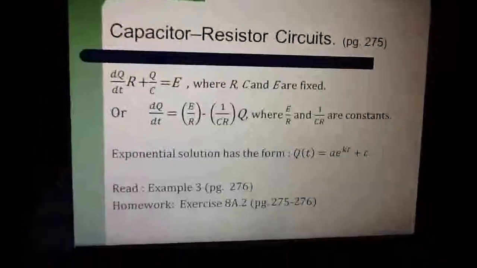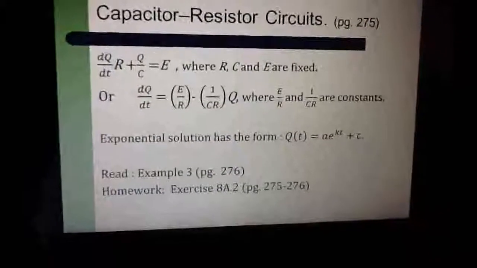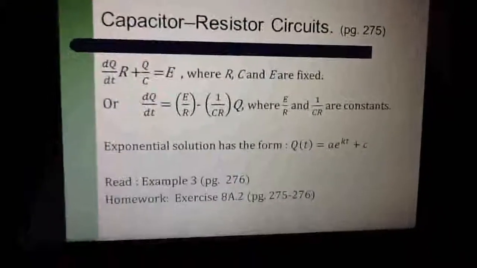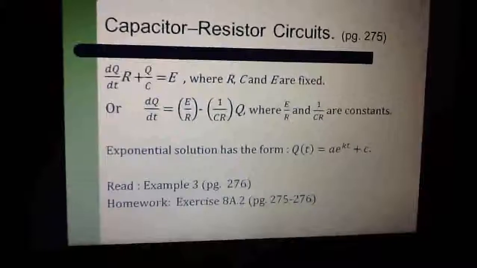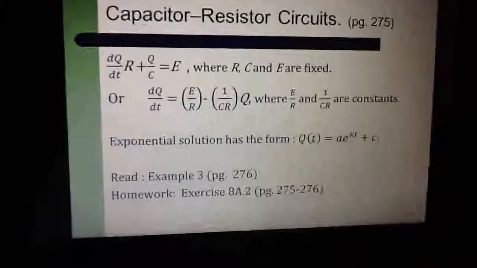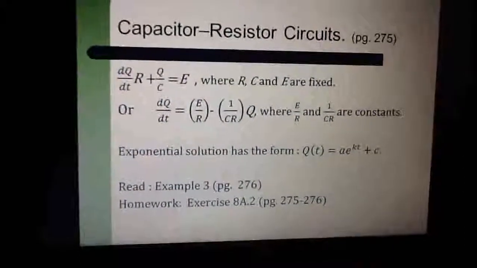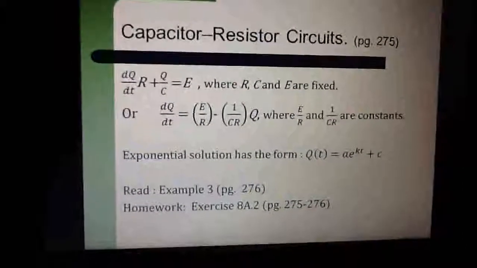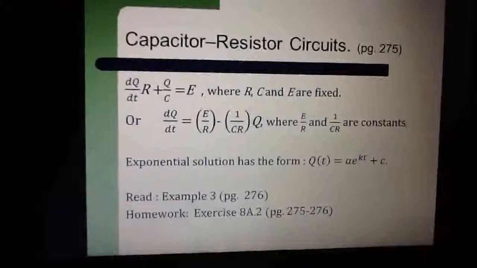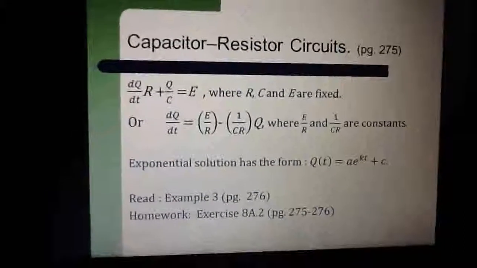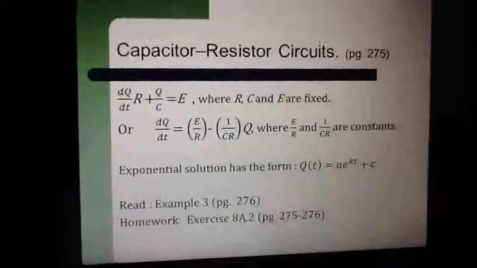Capacitor resistor circuits. For a capacitor resistor circuit, the differential equation involved is dq/dt times R plus q over C equals E, where R the resistance, C the capacitance, and E the voltage are fixed.